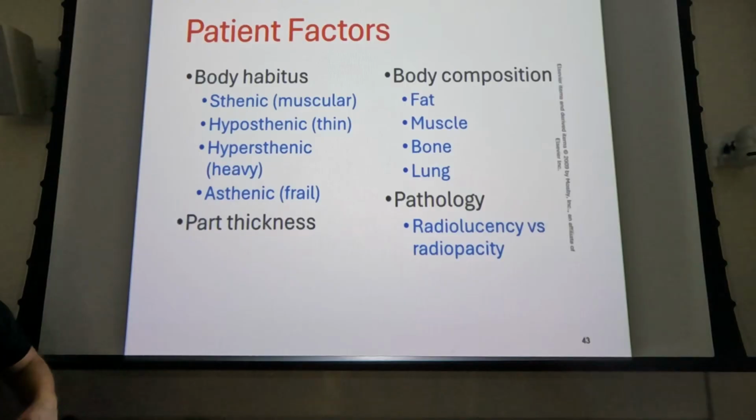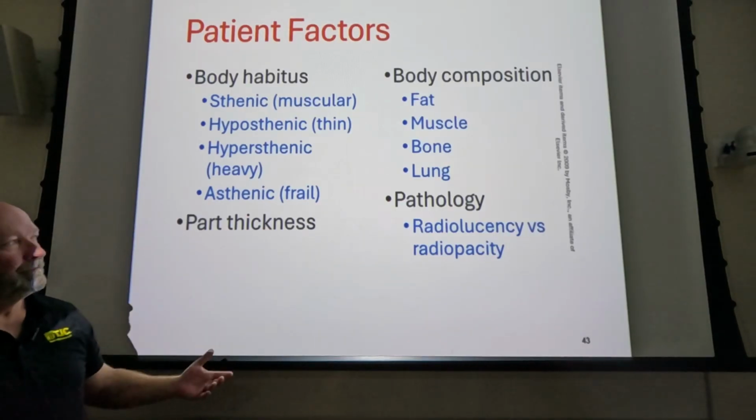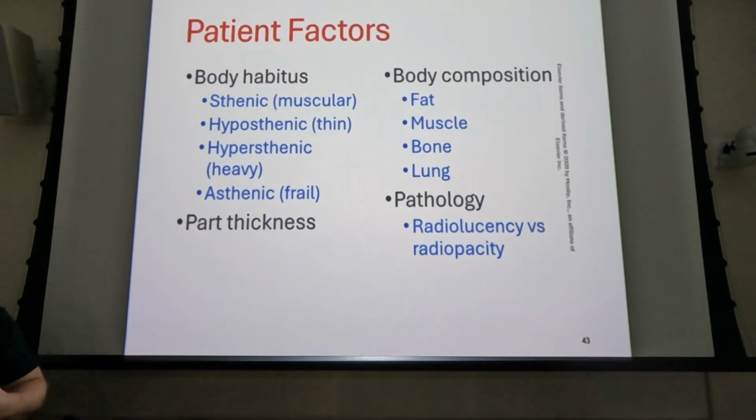So part thickness: what's the part made of? Is it primarily fat or muscle? They look very similar on the image receptor as far as scatter creation goes. Is it bone? Is it air? What is the body composition? But what it's made of is not enough.